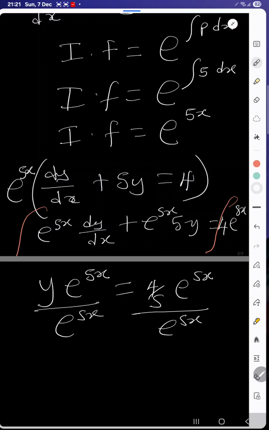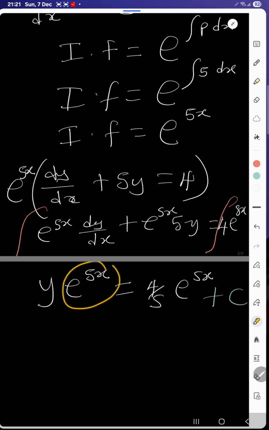But please remember, before I do that, to make your job easier, what we can do is to add a constant of integration. Remember, whenever you integrate, you need to add plus c, a constant of integration. After that, you can now make y the subject of the formula by dividing throughout by e to power 5x, so that you remain with y this side.